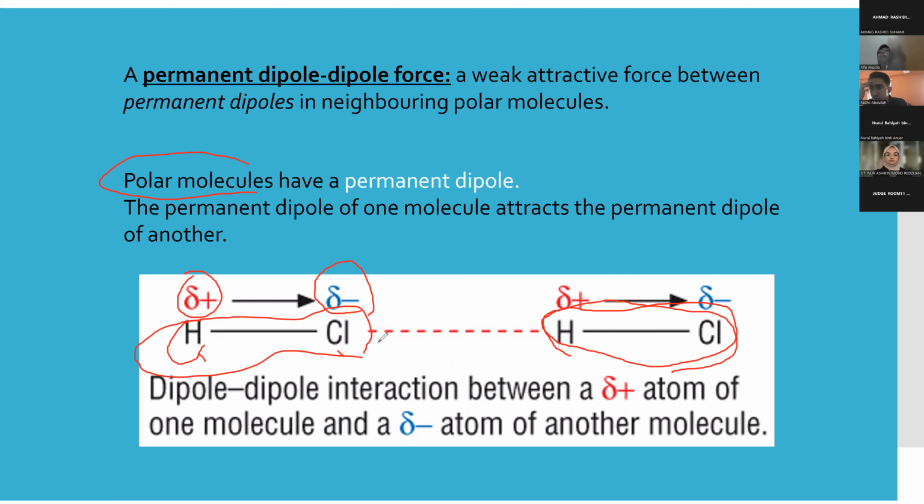We talk about two molecules interacting; we are not talking about the internal interaction within a molecule. When the negative partial charge meets the positive partial charge, they have an interaction. The interaction is called dipole-dipole force, permanent dipole-dipole force.